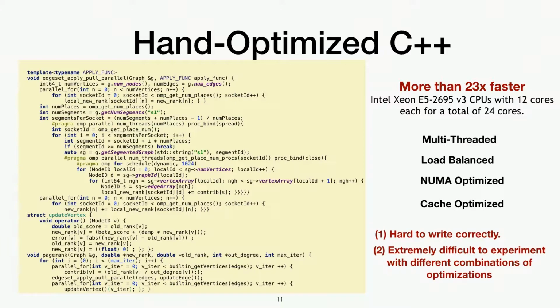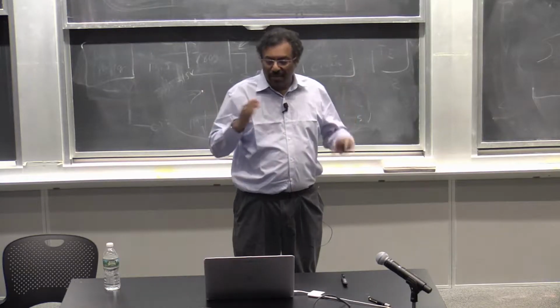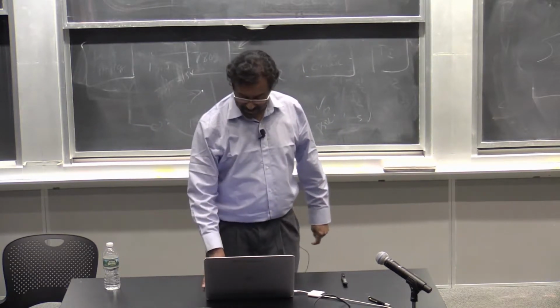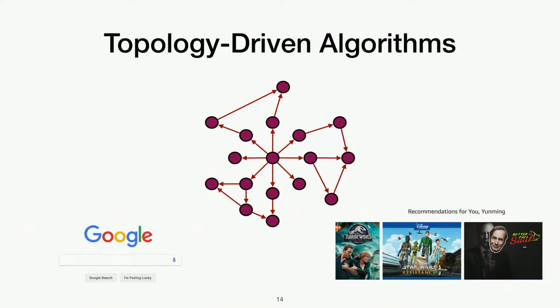So let me talk a little bit about graph algorithms. What do people do with graphs? I'm going to go a little bit deeper to show you what types of things these graphs represent. One class of graph algorithms is called topology-driven algorithms. That means the entire graph participates in the computation. For example, Google search.